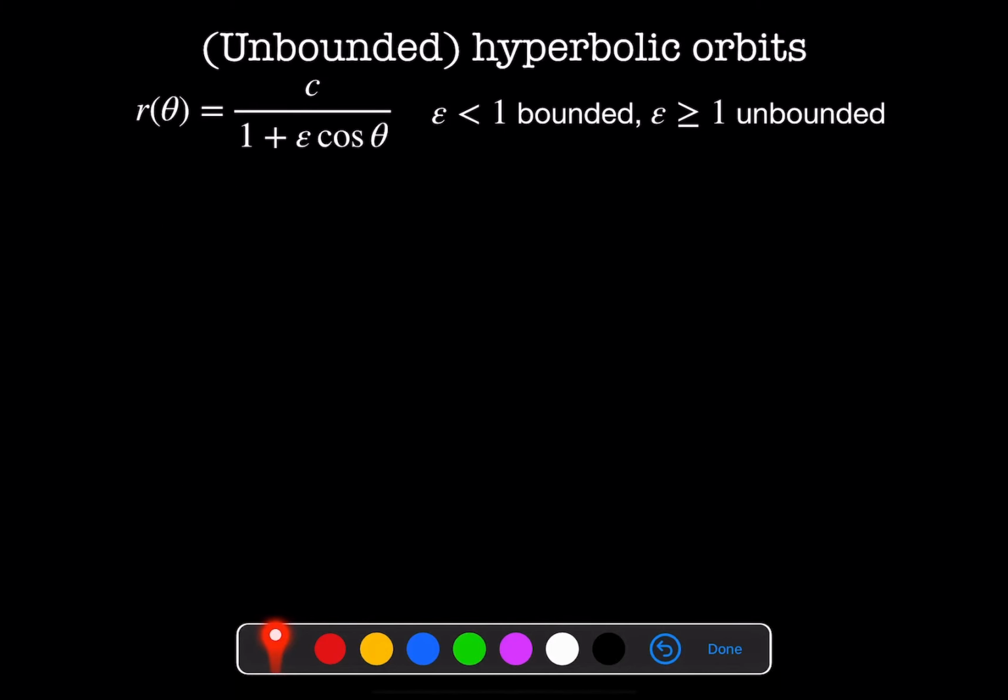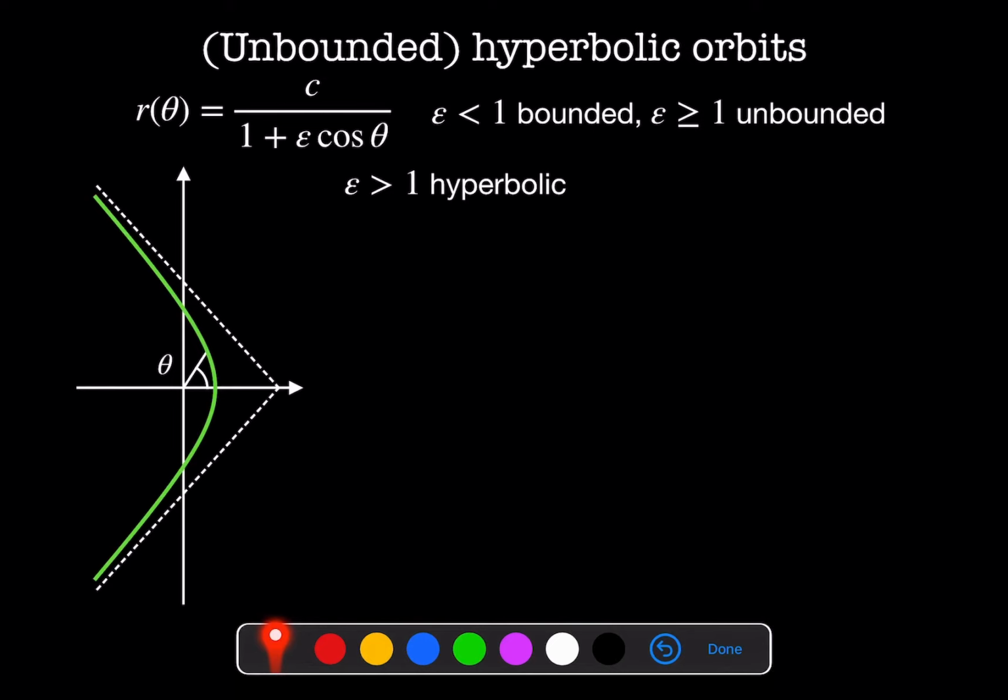For unbounded orbits, here we have epsilon that is greater than or equal to 1. In the case where epsilon is strictly greater than 1, we have an orbit that is now hyperbolic. For hyperbolic orbits, the radius diverges when 1 plus epsilon cosine theta is equal to 0.